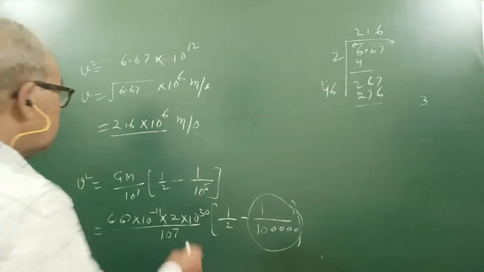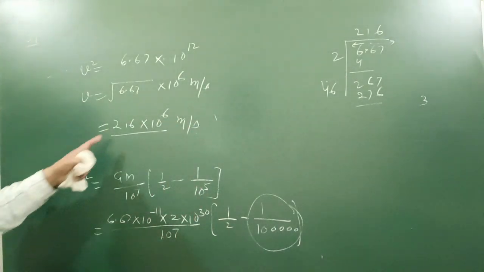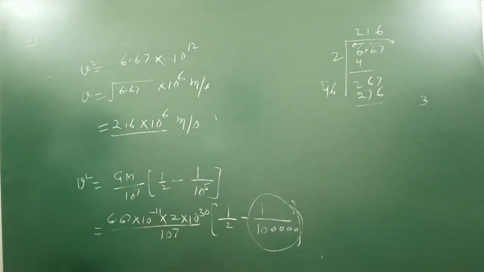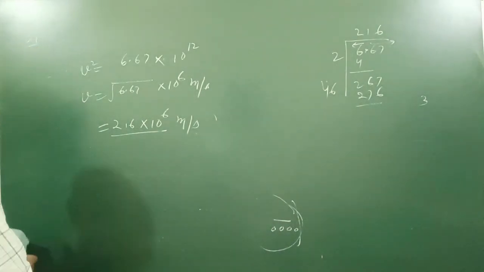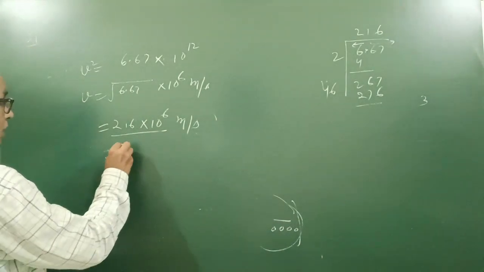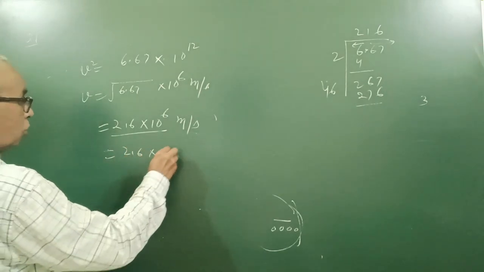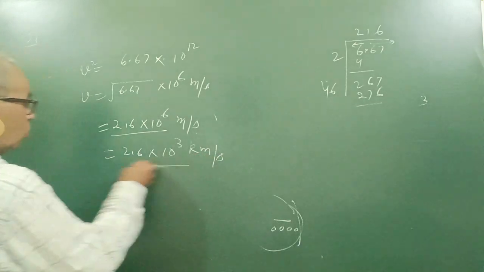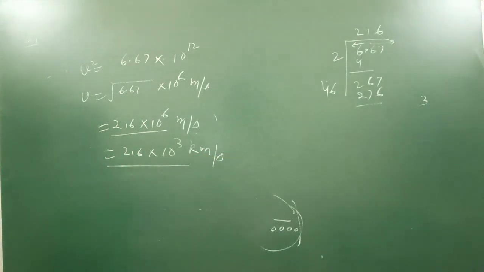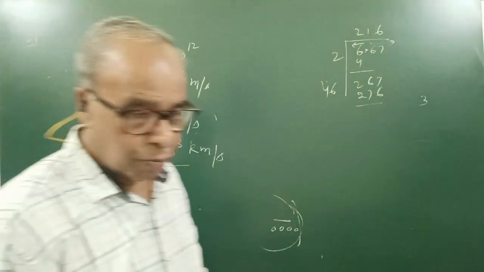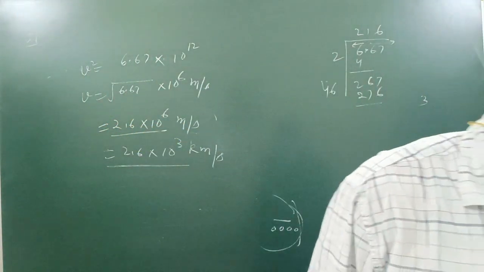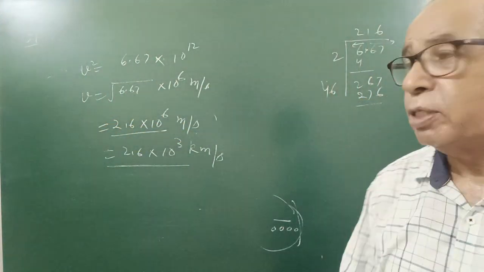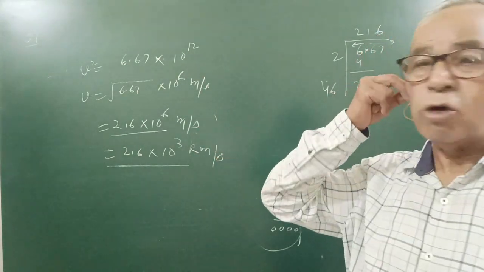So that is that speed, 2.6 into 10 to the power 6 meter per second. You can say it is 2.6 into 10 to the power 3 kilometer per second, not a small speed. It is 2,600 kilometer per second.